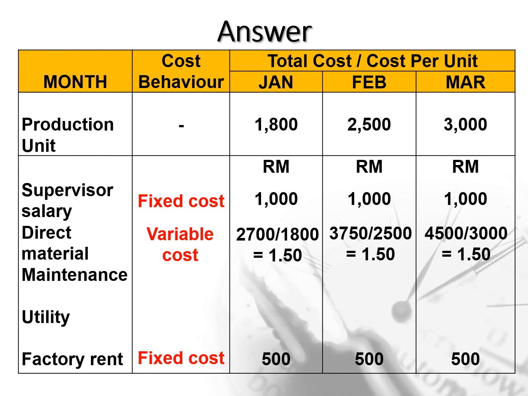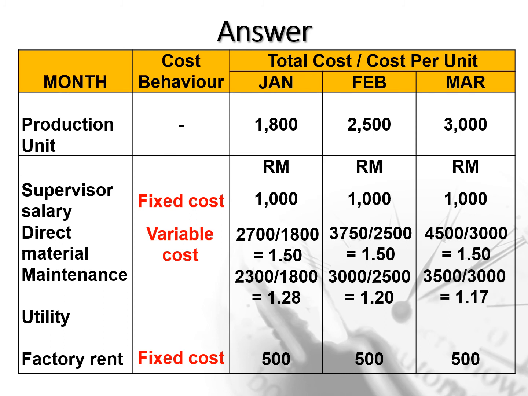Now, we look at maintenance. For January, cost per unit equals RM2,300 divided by 1,800 units equals RM1.28. In February, RM3,000 divided by 2,500 units equals RM1.20.